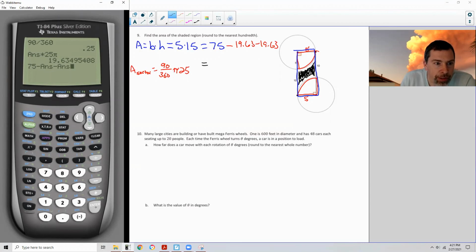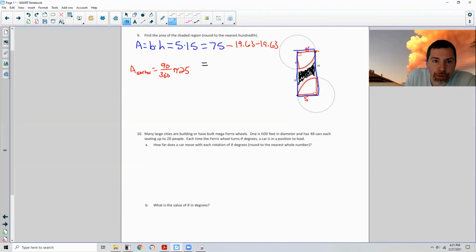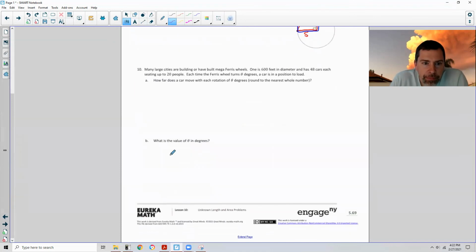I've never done this before. That gives me 35.73. It does work. How cool is that? 35.73 units squared. Okay. All right.